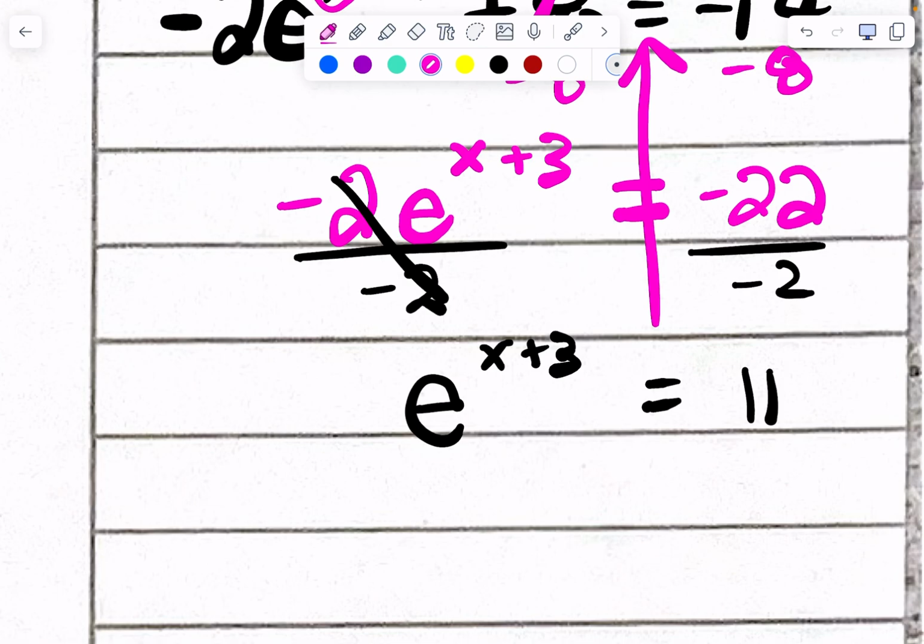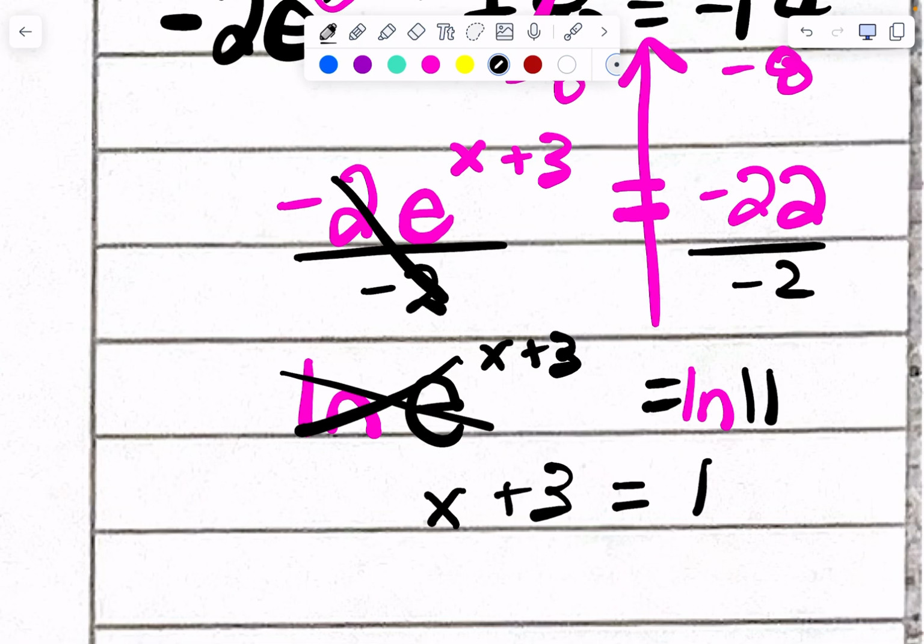Normally we would ask, can I get e and 11 to be the same base? Like if this was 2 and 4 or whatever, we could try to make those the same base, but I can't. So I would normally log both sides, but instead I'm going to ln both sides, because guess what happens to ln and e? They're gone. So I have x plus 3 equals ln of 11.